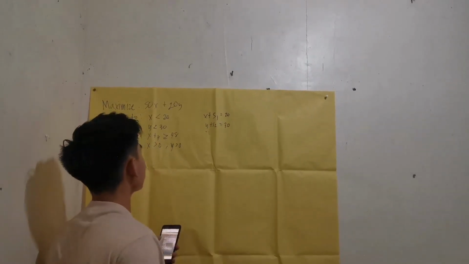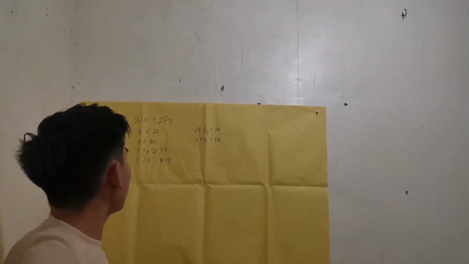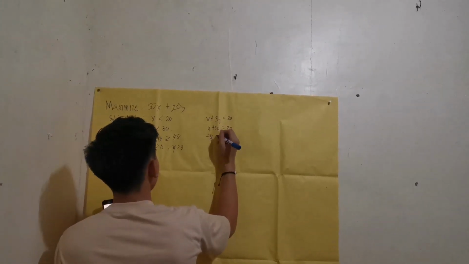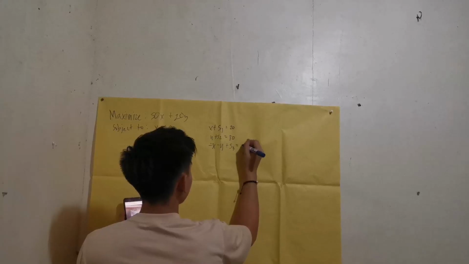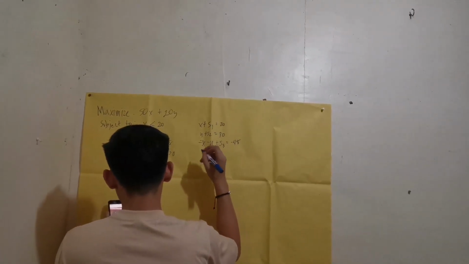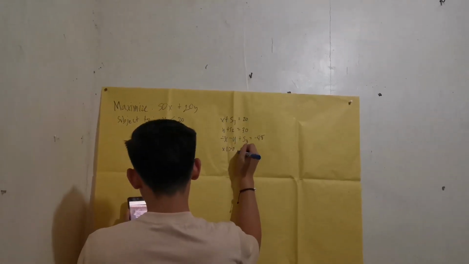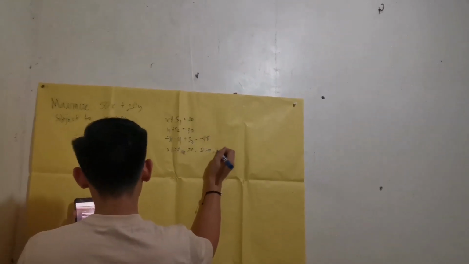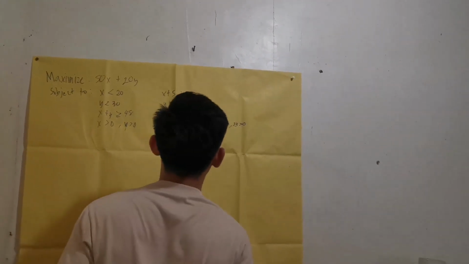Since we have a greater than symbol, we convert it into less than. So in order to convert it is to multiply by negative 1. So ang kalabasan natin is negative x minus y plus s sub 3 equals negative 48. So s sub 1 is 0, s sub 2 is 0, and s sub 3 is 0.